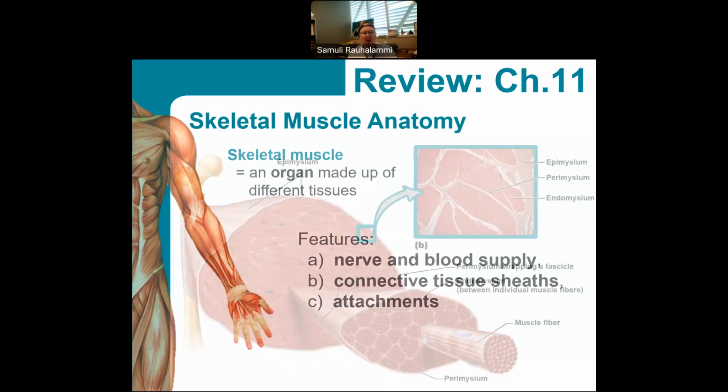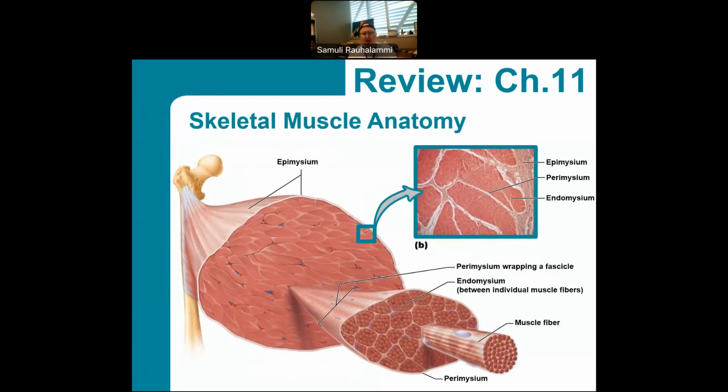So let's have a look at a single muscle and zoom in. As we move on this image from the left to the right, we're zooming in further and further, seeing enlarged structures, smaller and smaller fibers of the muscle. We're seeing each muscle and each muscle fiber covered in connective tissue.